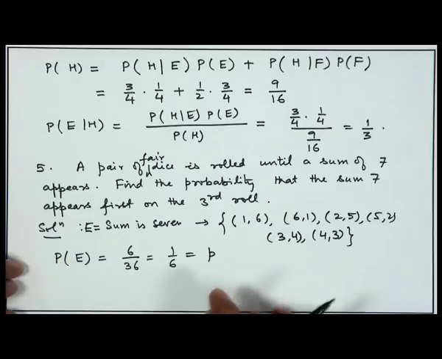Similarly, in the second toss also the event E complement occurs. Then in the third the event E occurs. Now, again here we make the assumption that the tossings are independent. That means, whenever we toss and we record, the second toss is independent of the previous toss. Therefore, we can apply the multiplication of the probabilities.